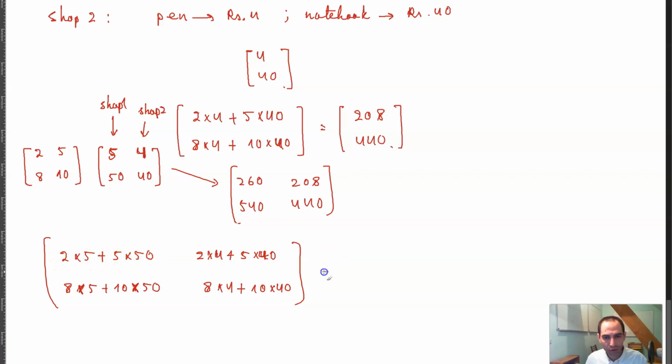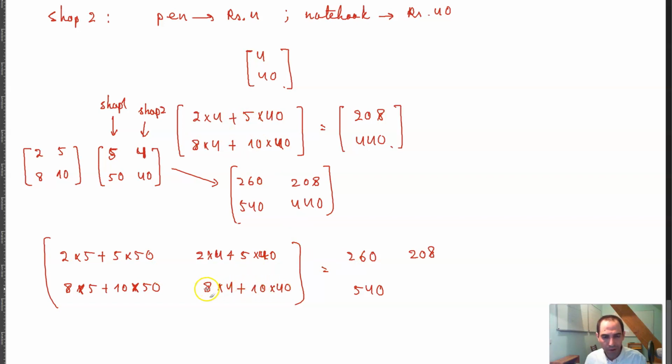250 plus 10 is 260. And this is 200, and this is 208. And over here I have 500, 540, and over here I have 400. I'm sorry, 8 times 4 is equal to 32. I have made a mistake here.